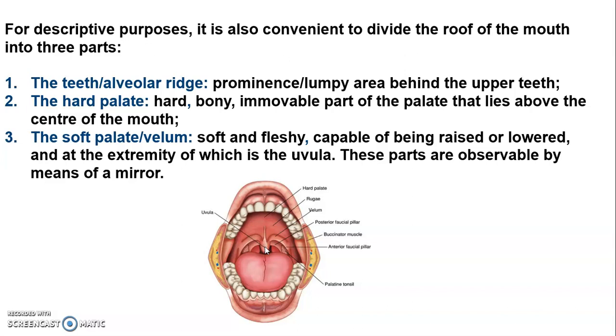These parts are observable by means of a mirror. If you open your mouth wide, you can see your palate, hard palate, soft palate, the uvula, and the back wall. You can see there is the pharynx.